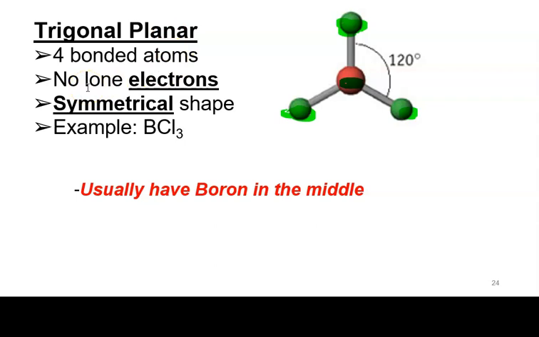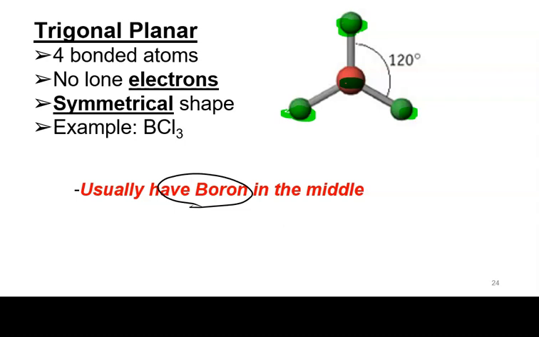And we were talking about before how boron is kind of a weirdo. Boron doesn't like to have a full octet of 8 because boron is strange. So it's very often found in a trigonal planar molecule. These will usually have boron in the middle. So this red one will usually be boron. They look like triangles, hence the word trigonal planar.